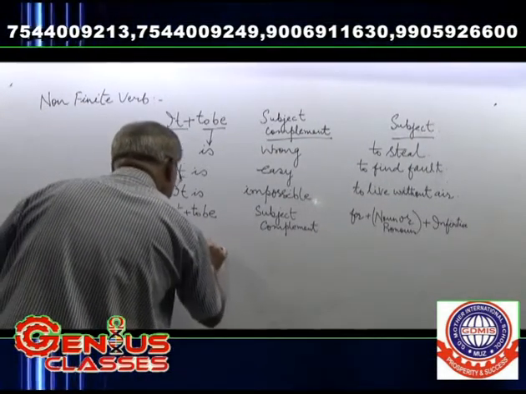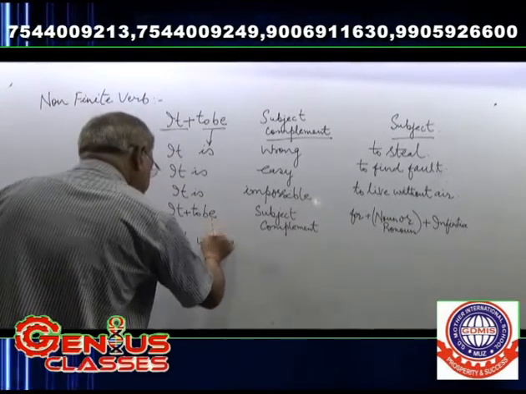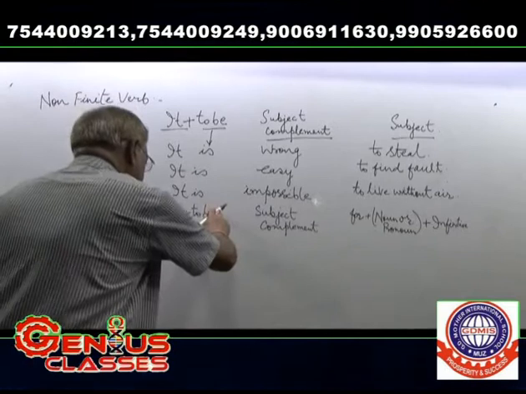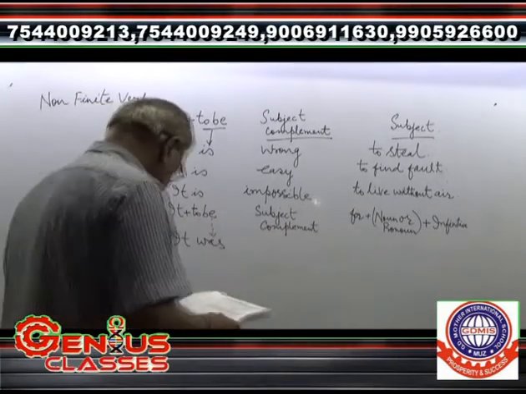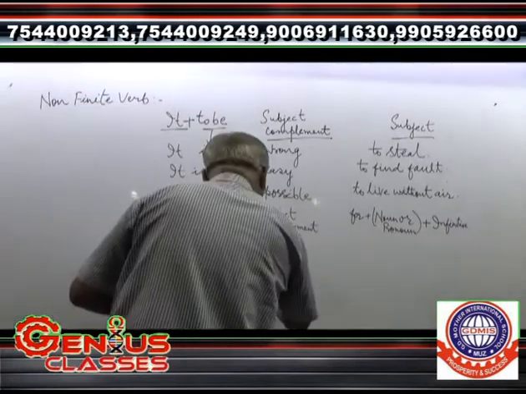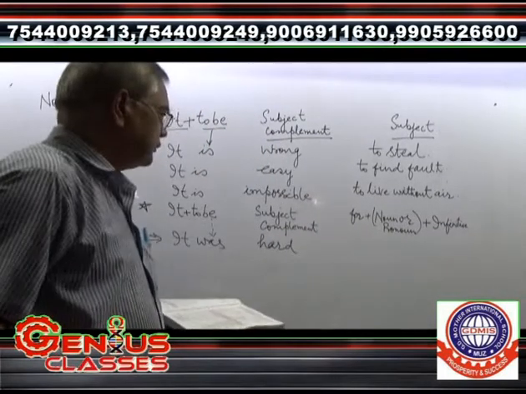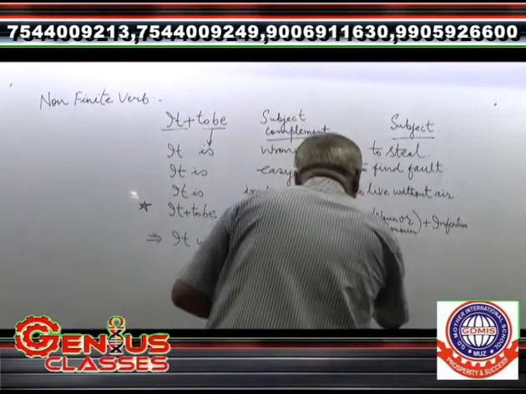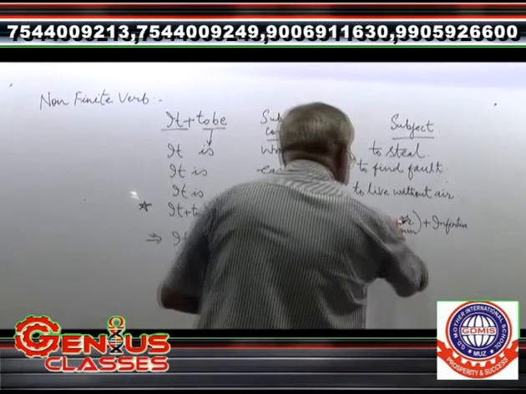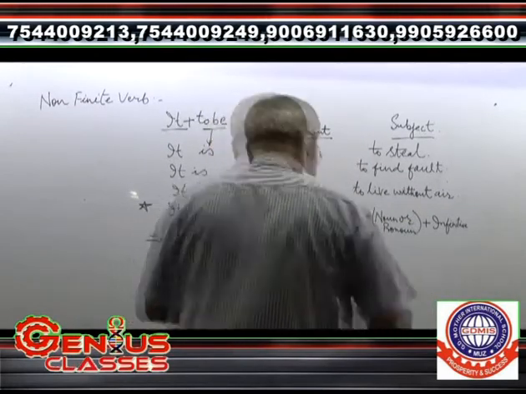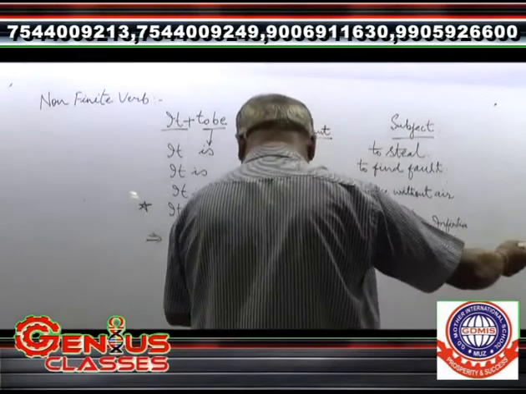It was. So on behalf of be, be has been changed into was. So this is past tense. It was hard. This is the subject complement. And here first of all the for is given, and after for, noun or pronoun, anything it can be, for him, and then after infinitive.